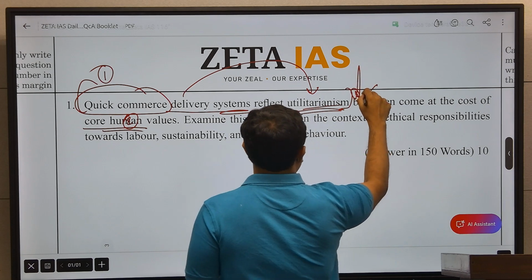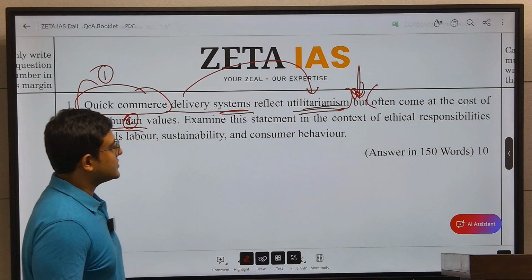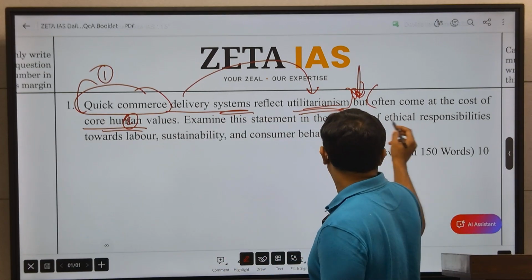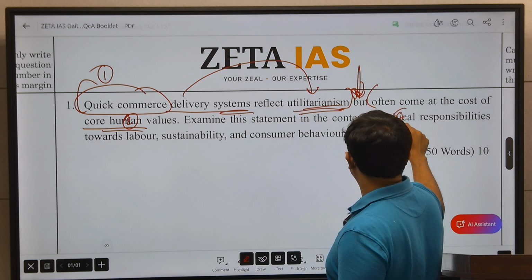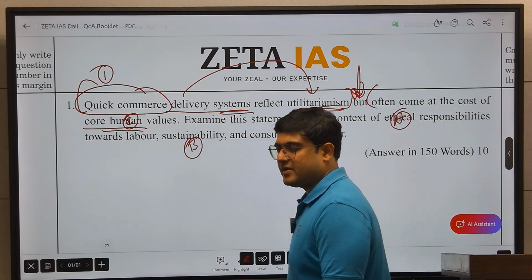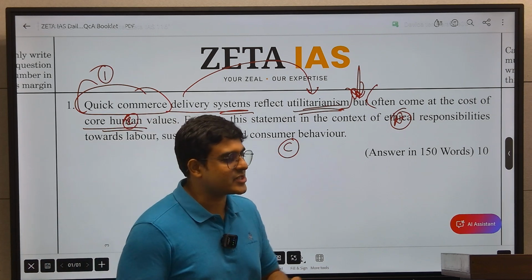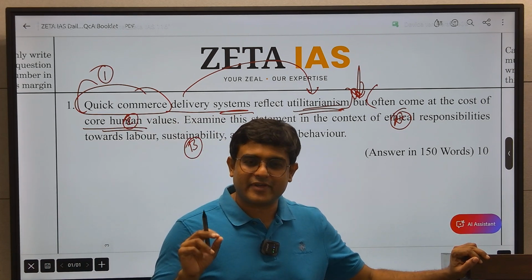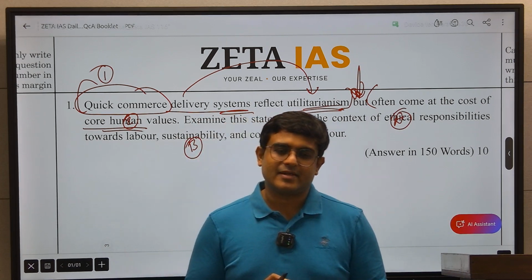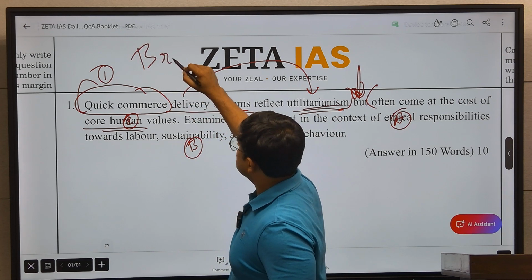Now we have to examine this statement with respect to 3 variables: A, ethical responsibility towards labor; B, sustainability; C, consumer behavior. At least identify all the variables. You may not have good rich content, but if you identify the variables and even write few lines about it in the examination, you will get respectable marks. Okay. So first step, like always, should be breaking the question.